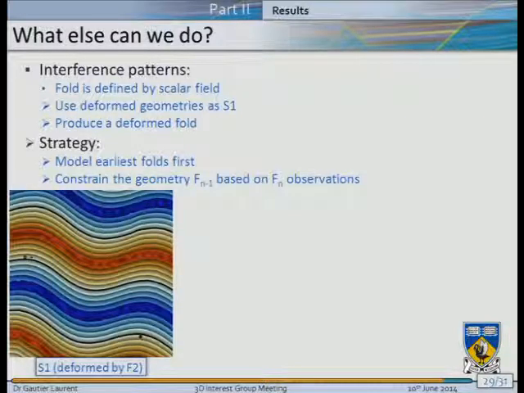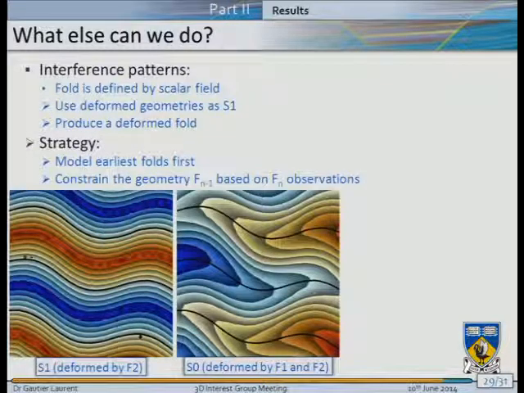For example, here I have two orientations, so two data points here, and we consider an F2 generation fold in that direction. The parameters have already been chosen, and what we see here, the scalar field, is in fact the S1 deformed by S2. And the coloring corresponds to the fold intensity we'll put for the next event.